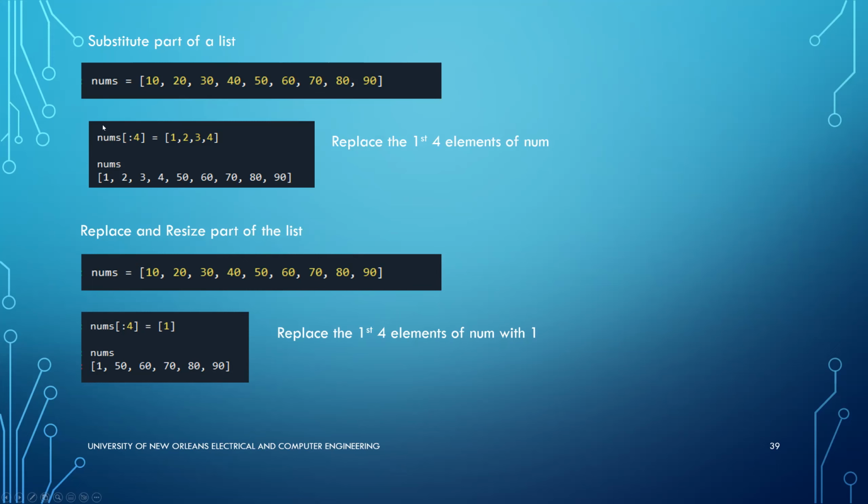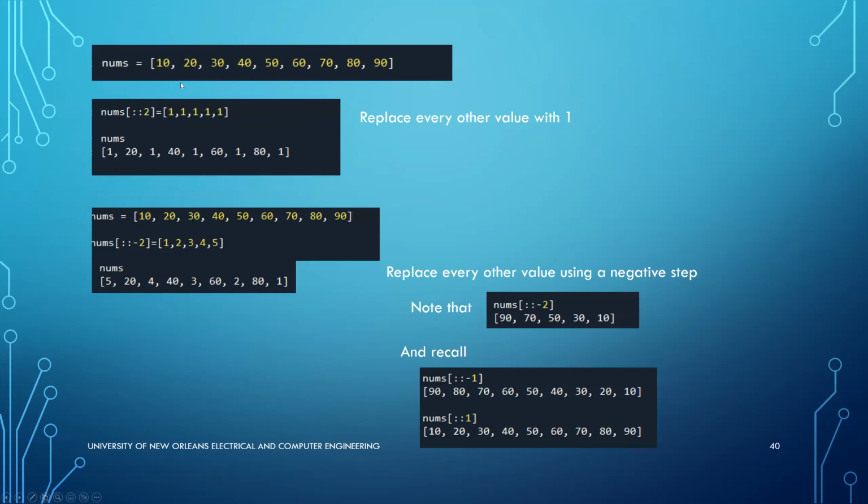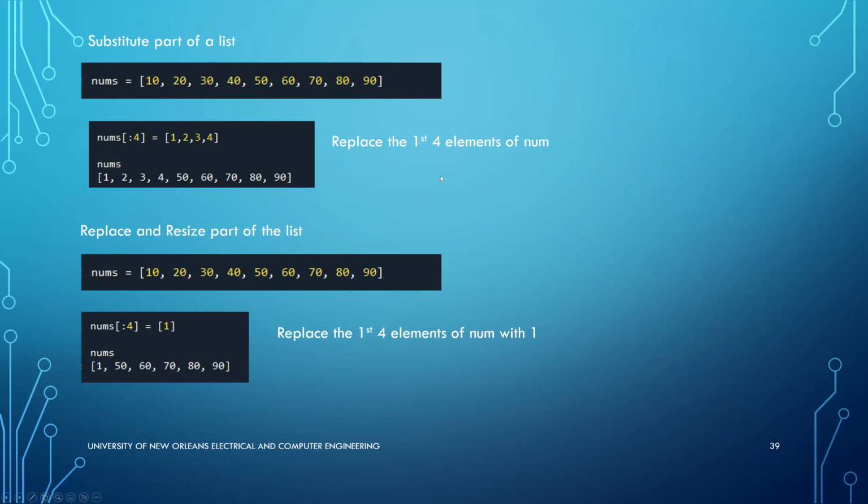So when I run this command, nums now looks like this, with the 4 first elements, from index 0 to 1, 2, 3, because 4 is not actually included, replaced by the new numbers 1, 2, 3, 4. So again, this simple command is replacing the first 4 elements of this list.